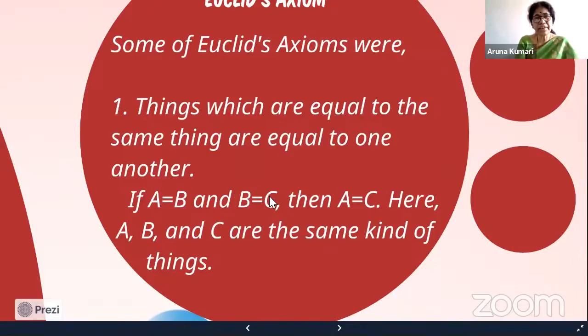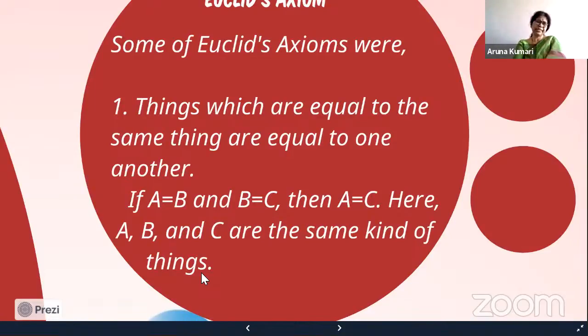Here A and C are different things. But A and B are equal, and C and B are equal. That means these two different things are equal to the same thing. Then we can say that A is also equal to C. Here A, B and C are the same kind of things.